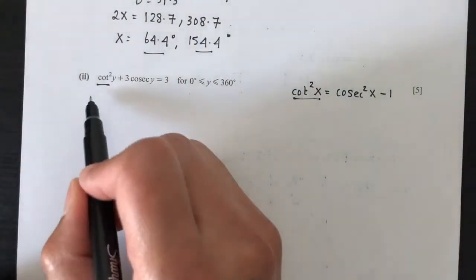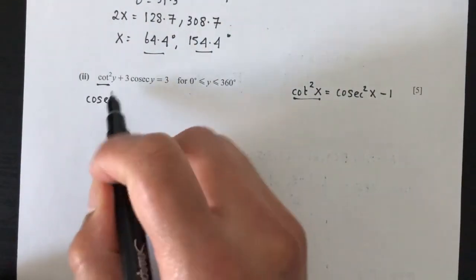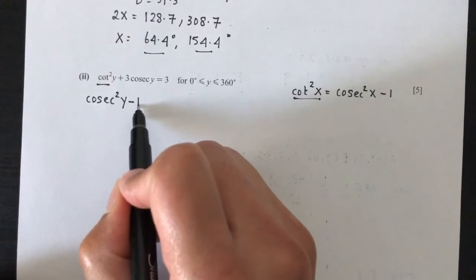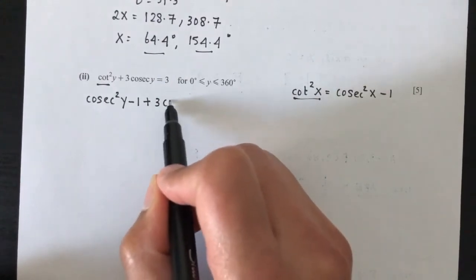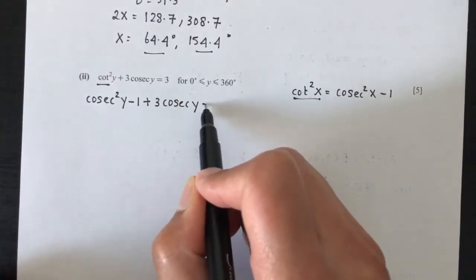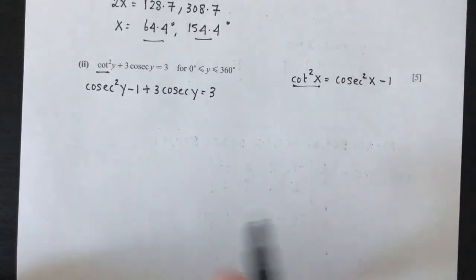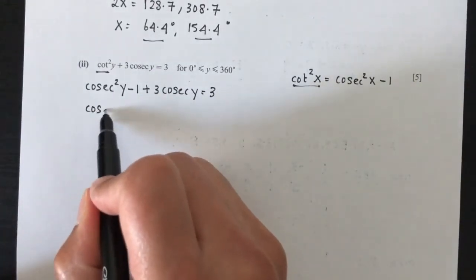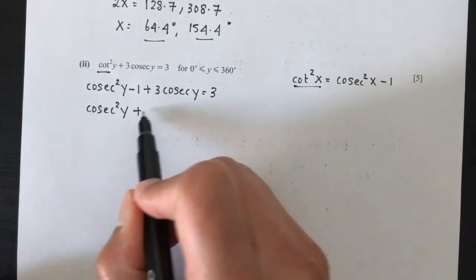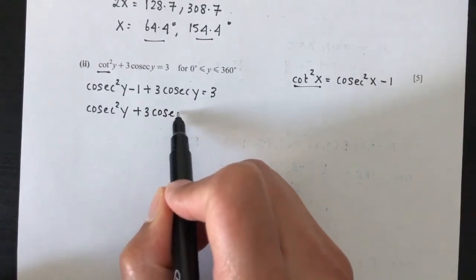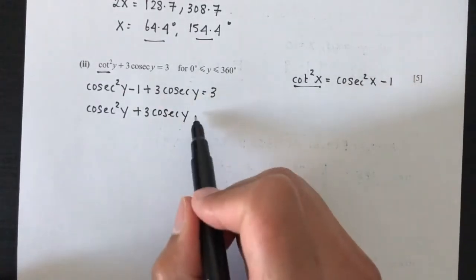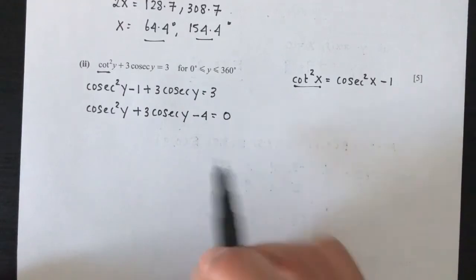So you will have cosec square y minus 1 plus 3 cosec y equal to 3. Now simplify, you will have cosec square y plus 3 cosec y. So minus 1 minus 3 is minus 4 equal to 0.